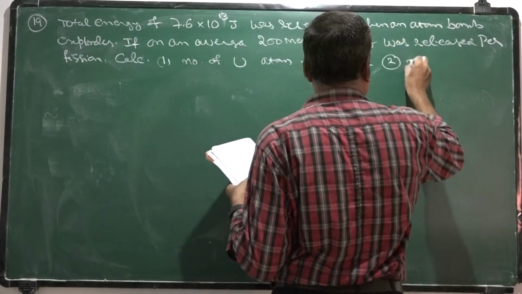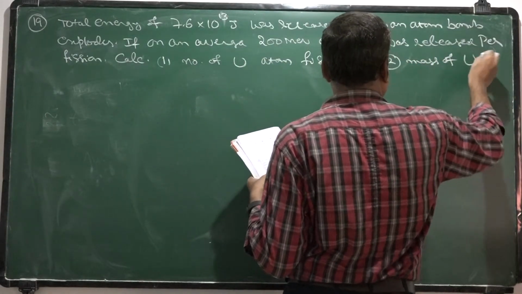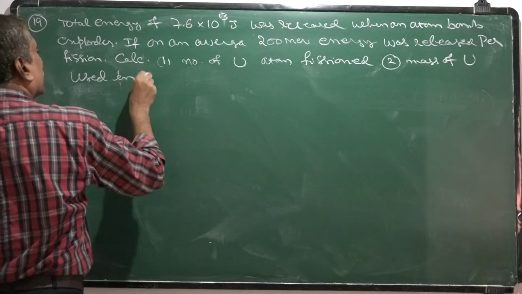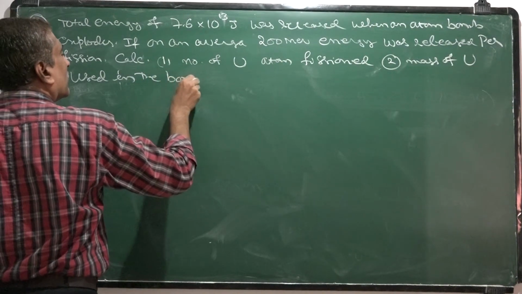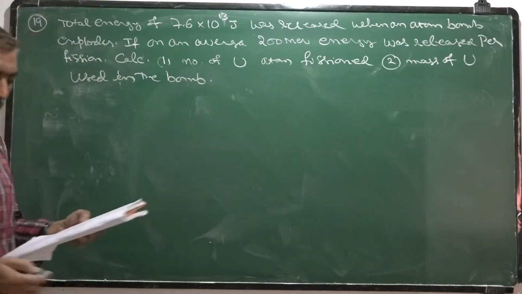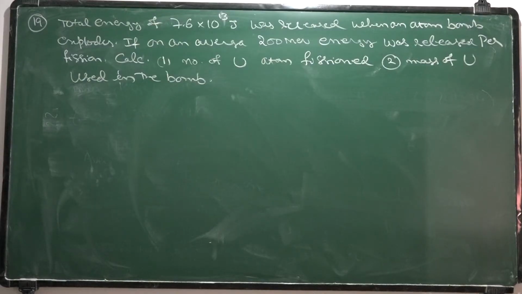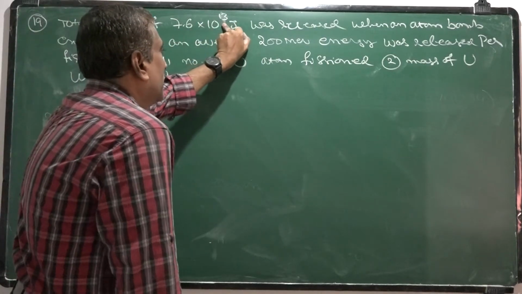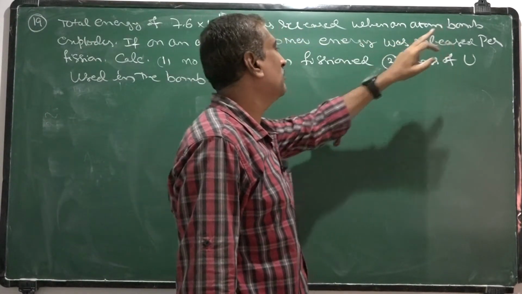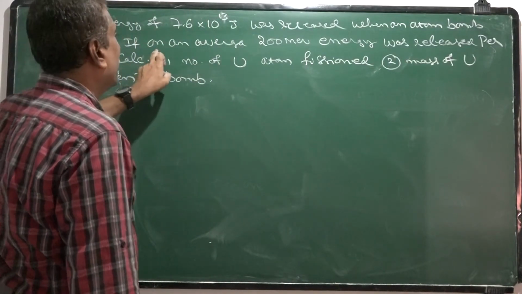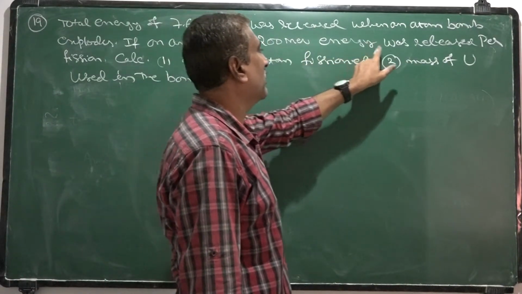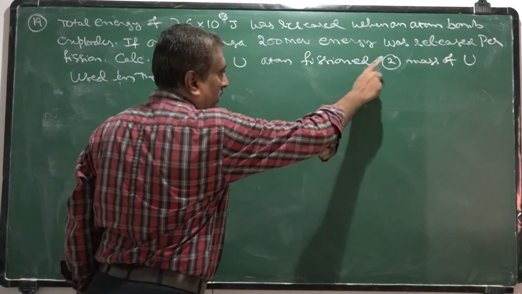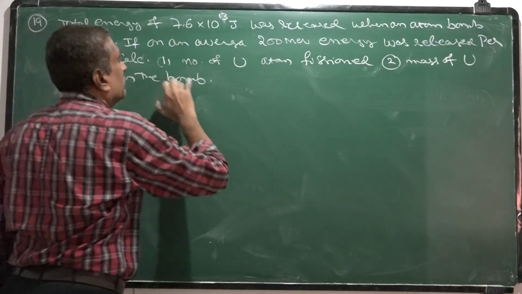Number 2, mass of uranium used in the bomb. Okay. The question is, an energy of 7.6 10 to the power 13 joule was released when an atom bomb explodes. If on an average 200 million electron volt of energy is released per fission, then calculate number of uranium atoms fissioned and mass of uranium used in the bomb.